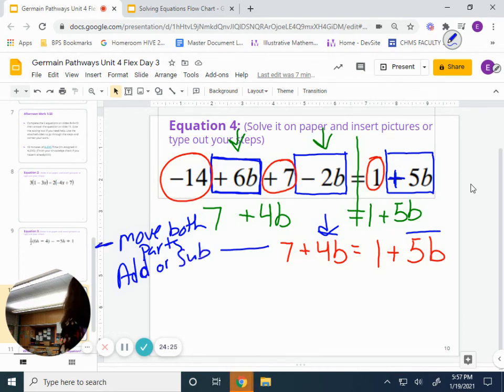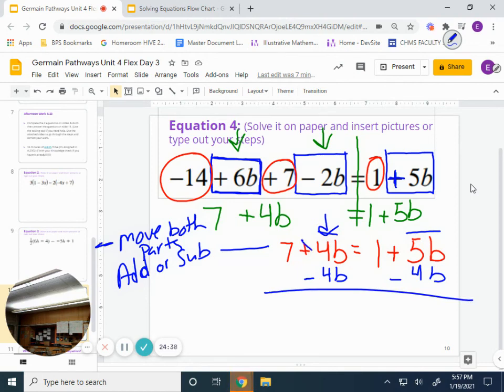Okay? So the way that we move these b's here is we say, I have a plus 4b. I need to move it over to the other side. The opposite of plus 4b is minus 4b from each side. I'm going to cancel out on my left. I'm going to be left with 7 is equal to 1 minus b.